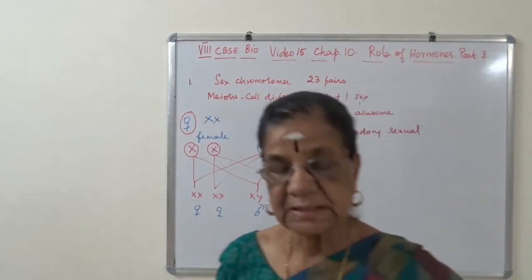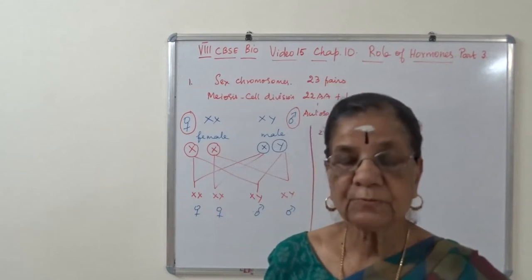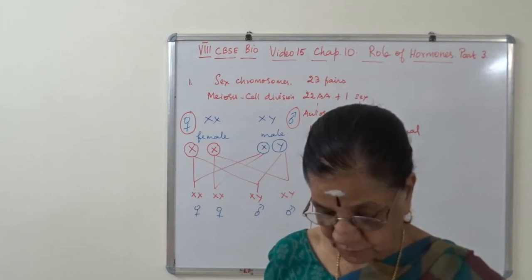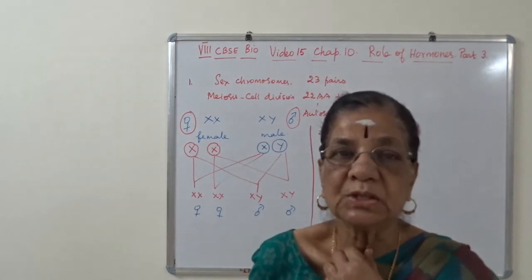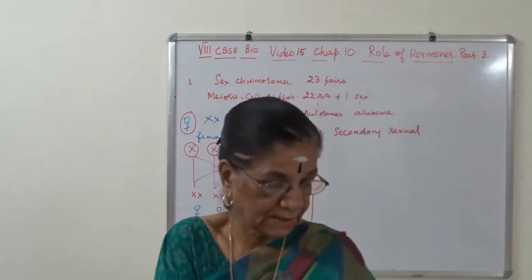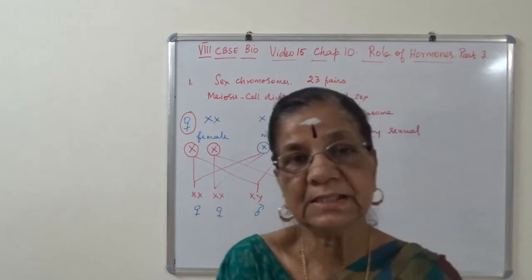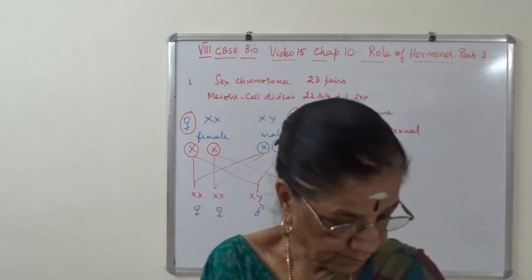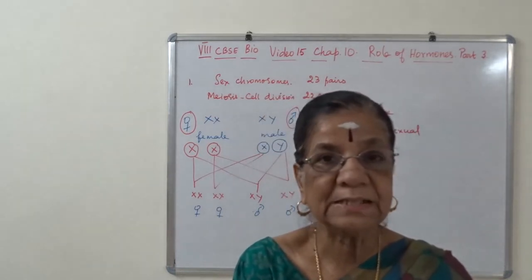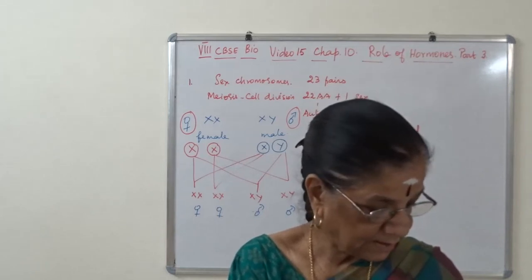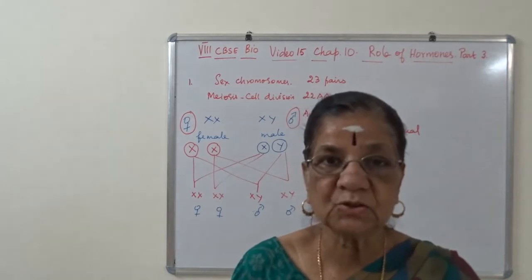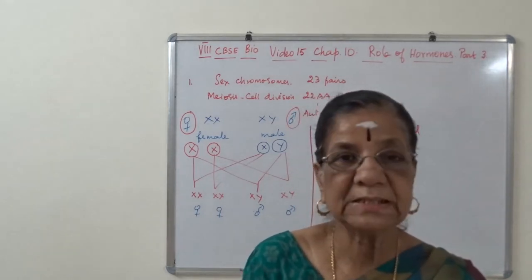It also causes growth of the larynx, that is the voice box, so that it becomes bigger than it is in girls. Now the voice breaks and becomes deeper. The voice change is seen in girls also, but it is not that significant.